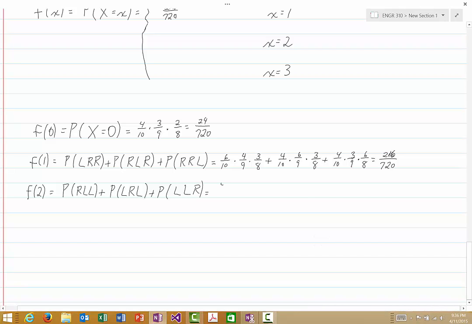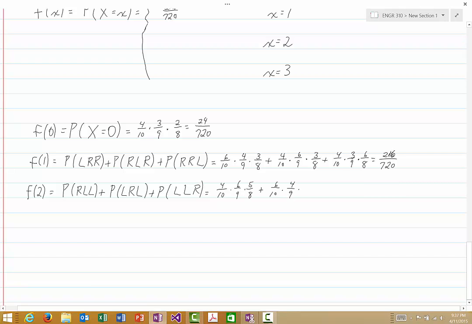Okay, so right, left, left. Probability of the first one is right is 4 out of 10. And then the second one would be left would be 6 out of 9. And then that the next one would also be left would be 5 out of 8. Probability that the first one would be left is 6 out of 10. Probability the next one would be right would be 4 out of 9.